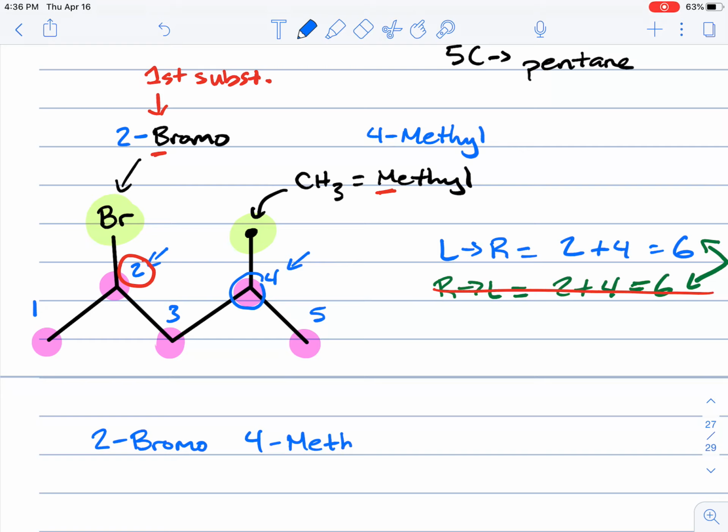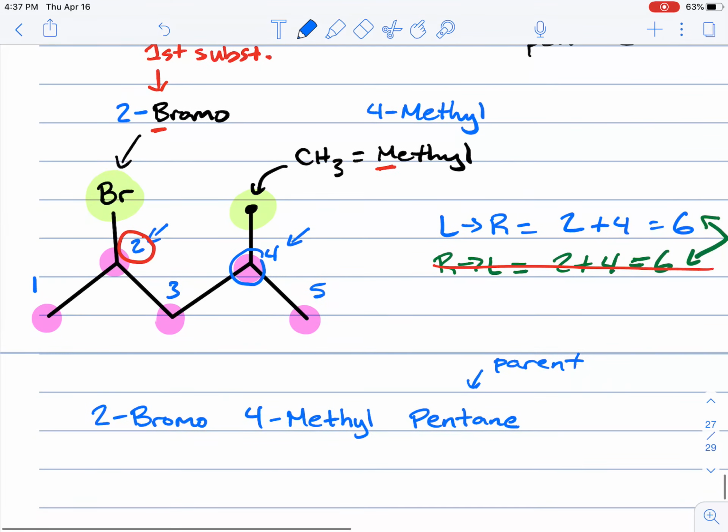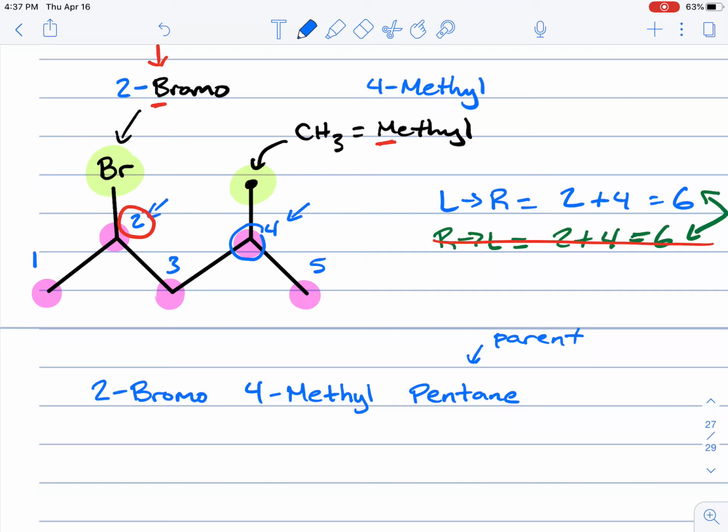And then we're going to describe the parent chain. In this case, it's going to be pentane. Remember, the name of the parent chain always comes last.